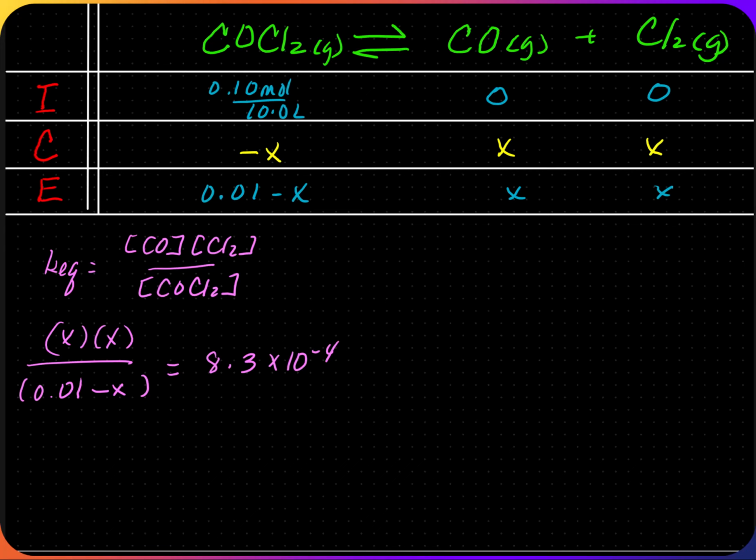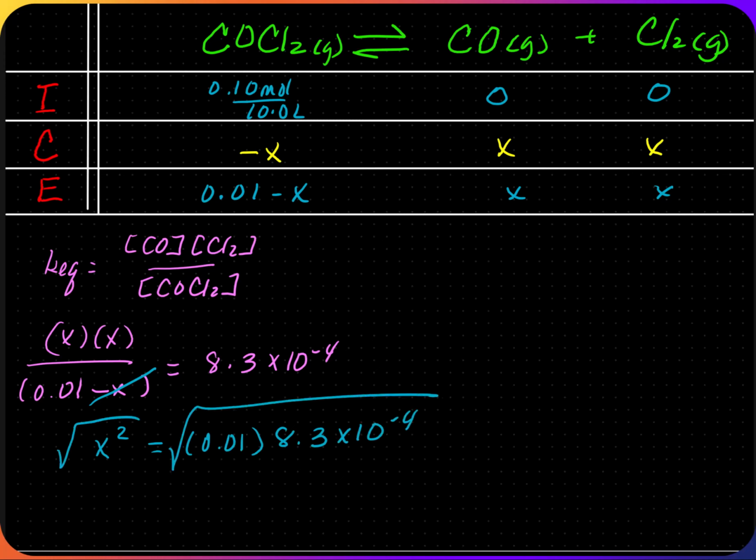We're going to assume the 5% rule again. So that means x is so small that 0.01 minus x will equal just 0.01, so we could ignore the x. So this equation becomes x squared is equal to 0.01 cross multiplying times 8.3 times 10 to the negative fourth, square root. So x becomes 2.9 times 10 to the negative third.